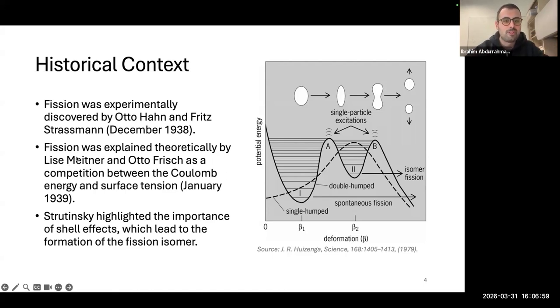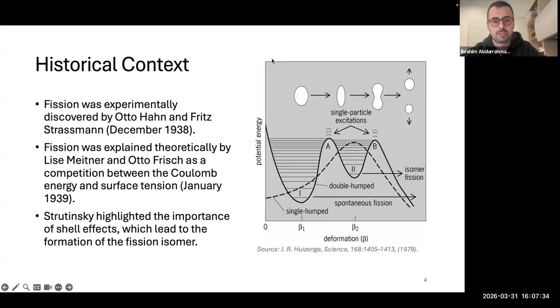They have excitation energy and can emit neutrons and gammas. Their explanation is basically to think of the nucleus as a charged liquid drop, which is not so bad because we know the nucleus is roughly an incompressible fluid. So what happens if I take a charged liquid drop and start to stretch it? Well, the Coulomb energy is going to go down because the protons in your system are getting further apart.